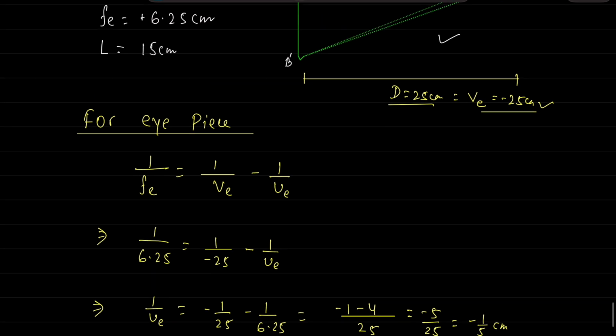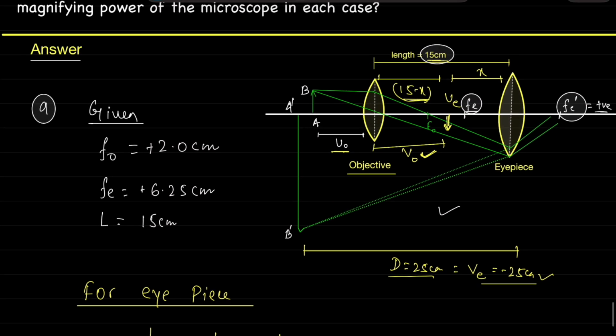Now, as we discussed previously, this x value will be how much? We just found it. This is 5 centimeter. Minus and plus we are using for sign convention, but its magnitude is 5 centimeter. So what is the value of VO? VO will be 15 minus x, so it is equal to 10 centimeter.